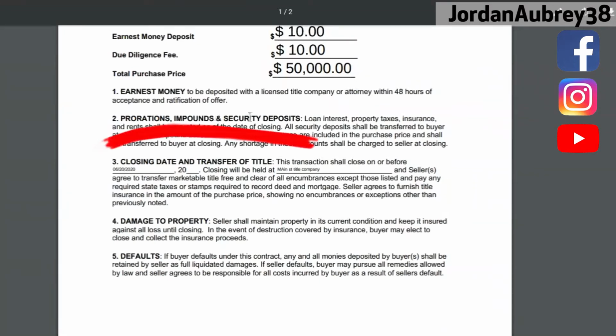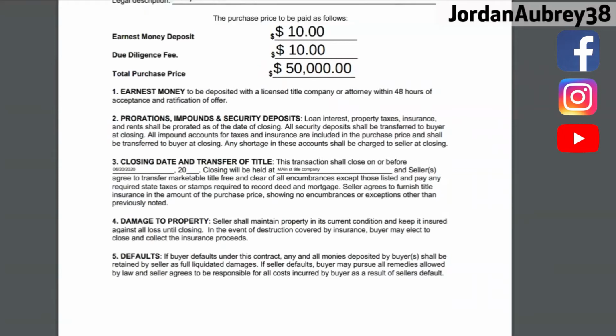Prorations and adjustments, basically all they're saying is that anything before you agree to purchase this property, you got to pay that off. Loan, interest, property taxes, insurance, rents. Rents is very important because rents is prorated. So if I close on the 15th and there's a tenant in that property, and I plan on keeping the tenant in there, that means the 1st through the 15th is actually their money.